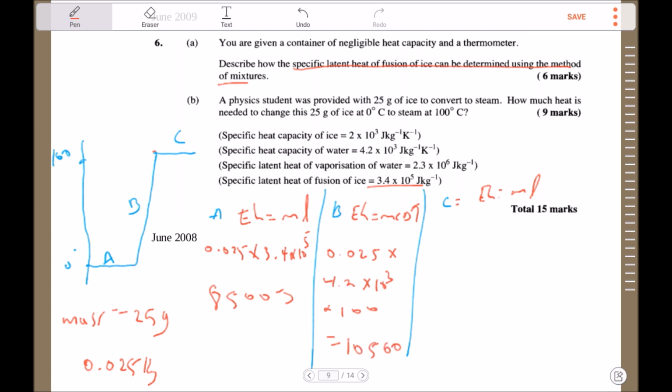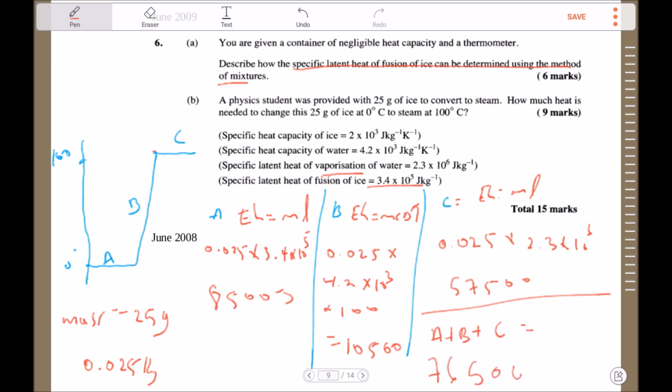And our final part now, our mass is the same, 0.025, and our latent heat of vaporization this time, 2.3 times 10 to the 6, 57,500. Now, our final answer is just A plus B plus C, which is equal to 8,500 plus 10,500 plus 57,500. 76,500 joules.